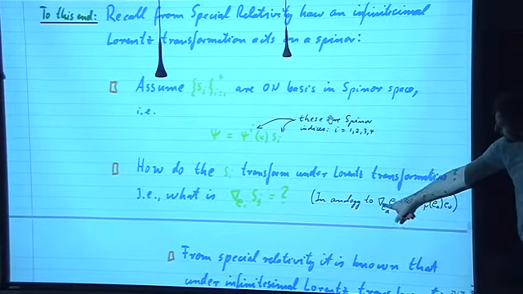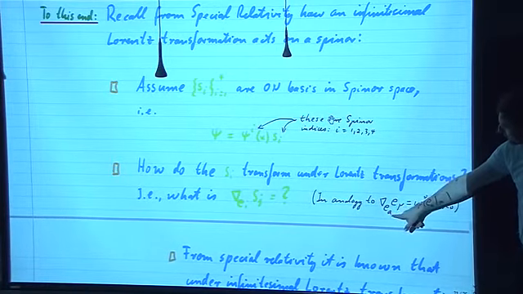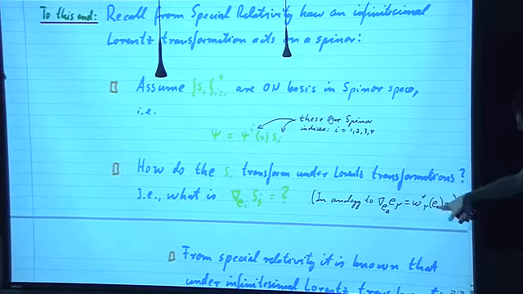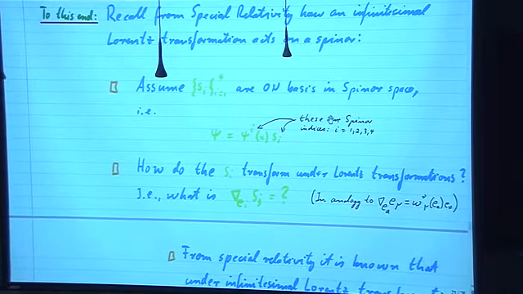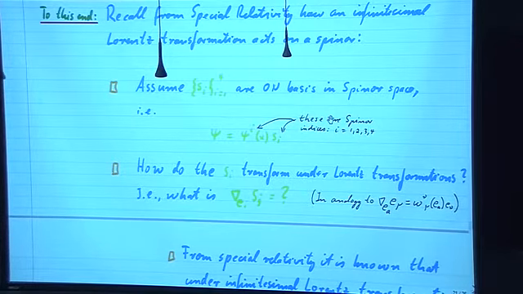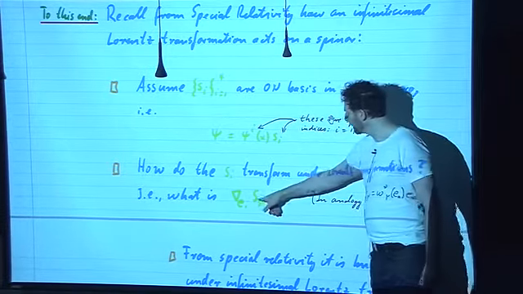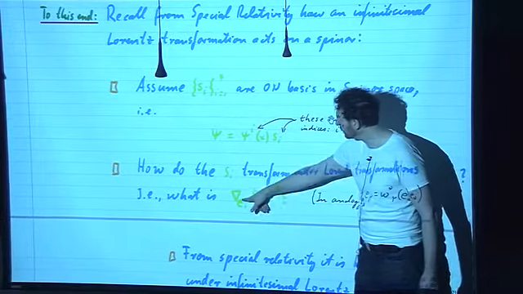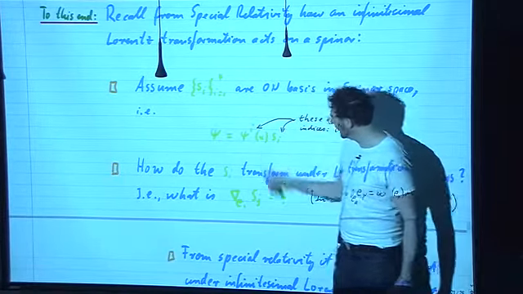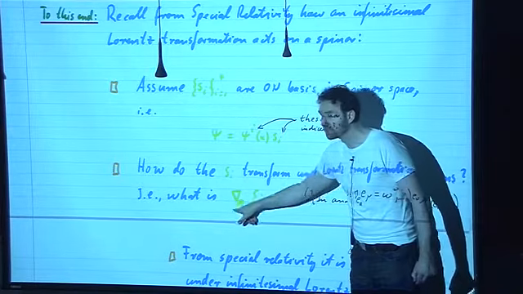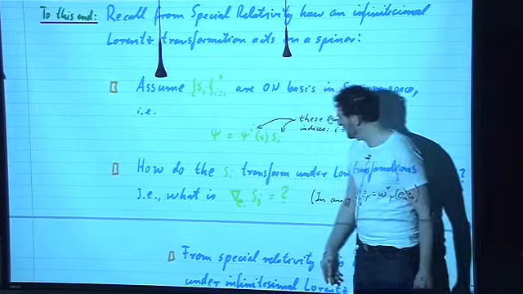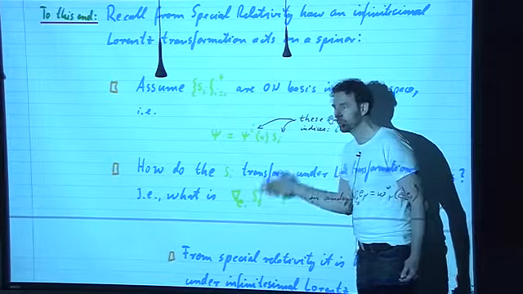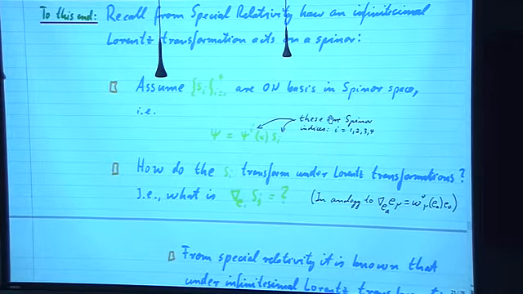So the covariant derivative of this tangent vector in the direction of that tangent vector is given by this, where this was the infinitesimal Lorentz transformation. Now we want to know how that works. You see, if we know what this is, then we can work out how the covariant derivative acts on any psi. Because if there are coefficient functions in front of those basis vectors, then by the Leibniz rule we can work out what we get.